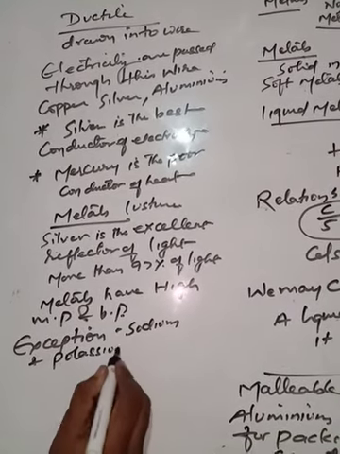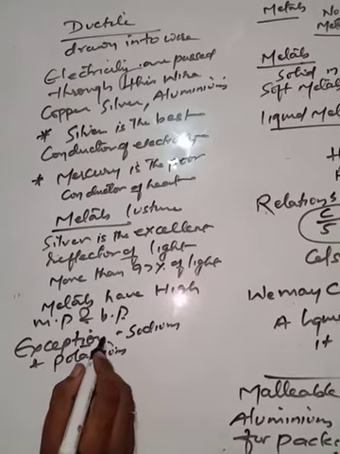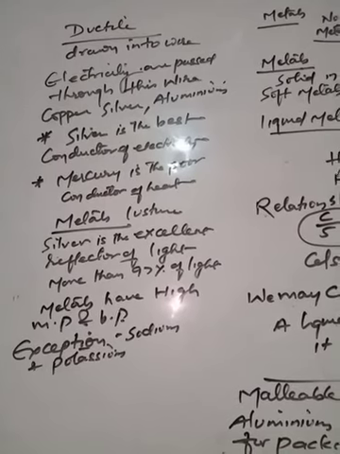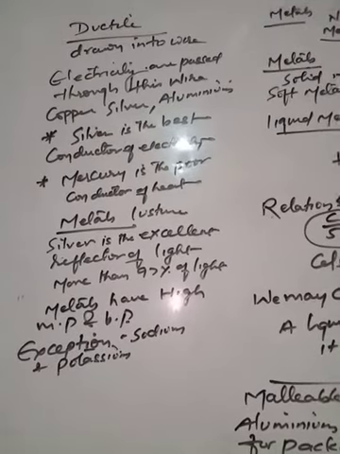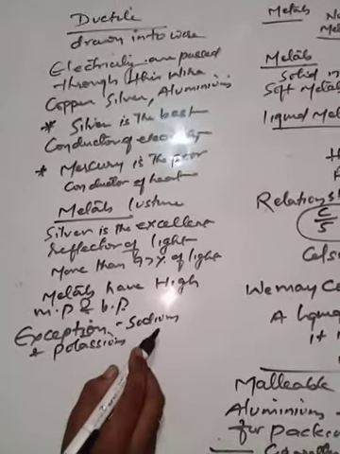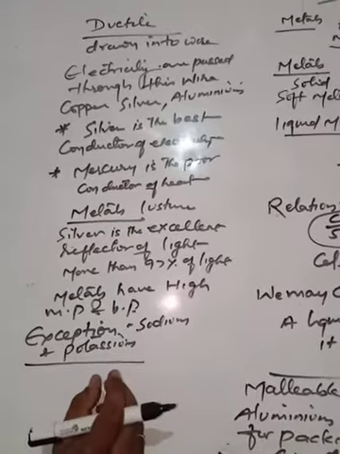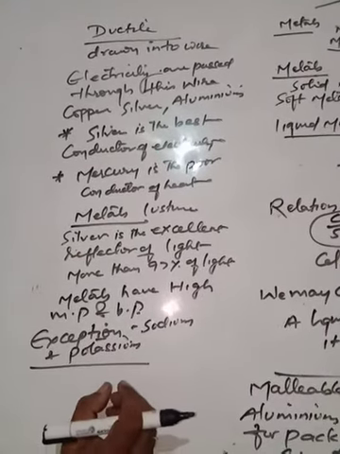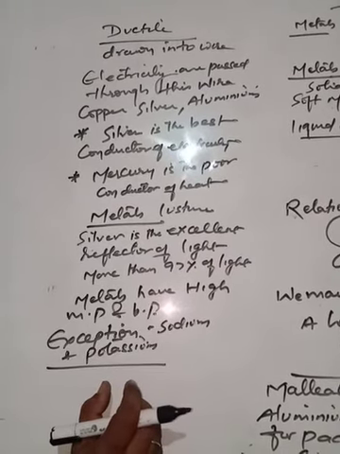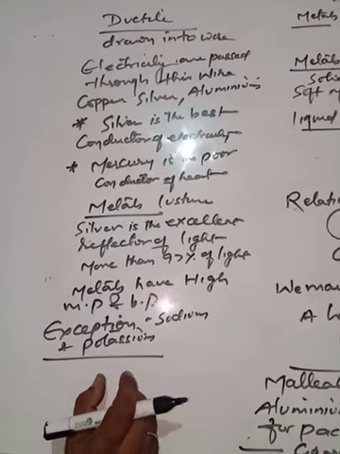For other metals, tungsten is very high, copper very high, iron very high. So some metals have low MP and BP, but many have high MP and BP. Metals have generally high density because the particles are very closely packed. But again, sodium and potassium do not fall under this category because they have low densities.